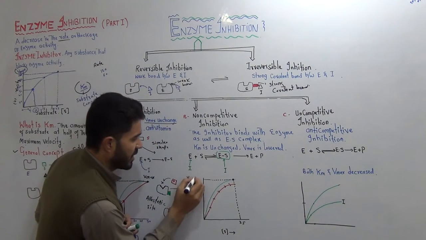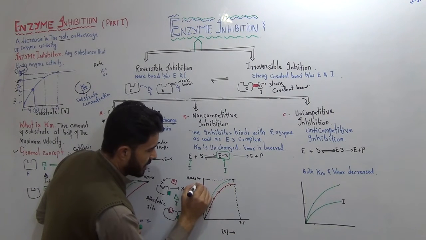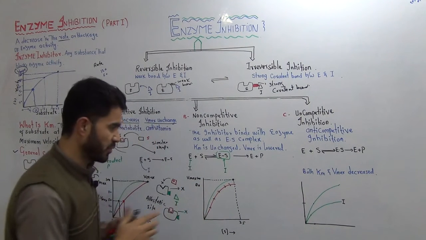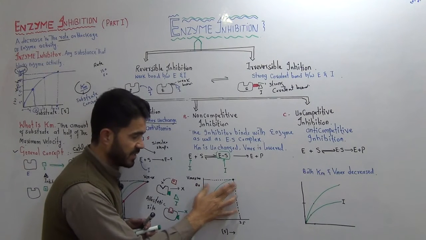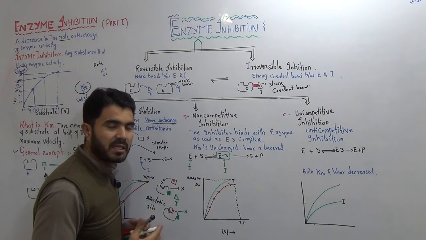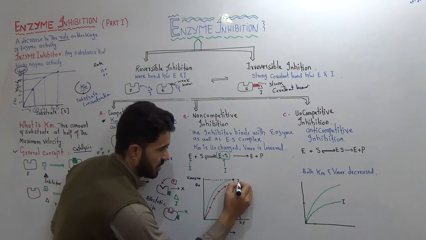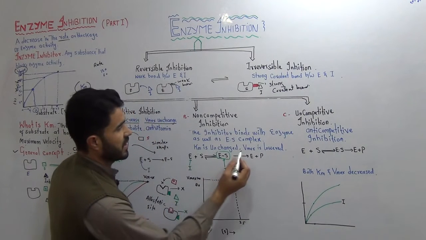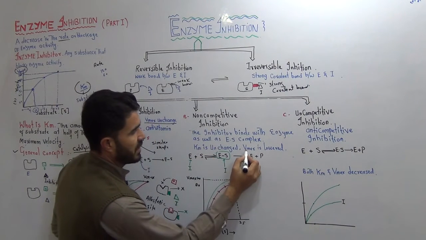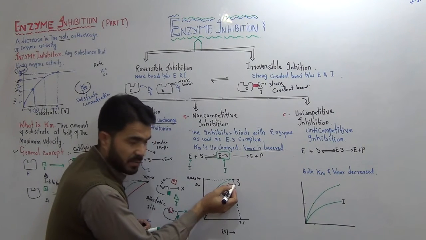Let's suppose we say here we have 100, so in this case we will get only 80 speed. So this will be our maximum speed in this case. What happened here? The maximum velocity was changed in this case. You can see here, this is the difference. So what we say here, the Vmax is lowered, Vmax is decreased.